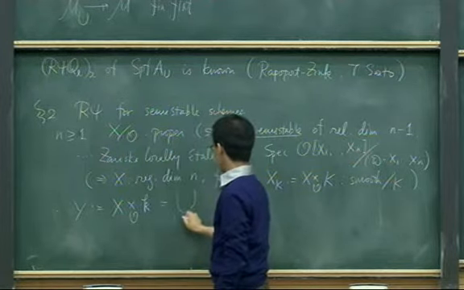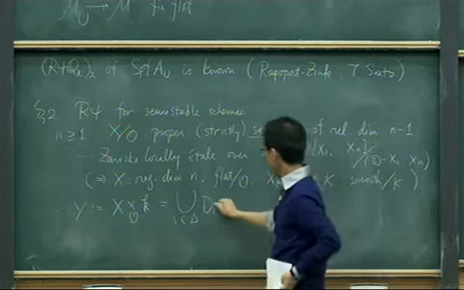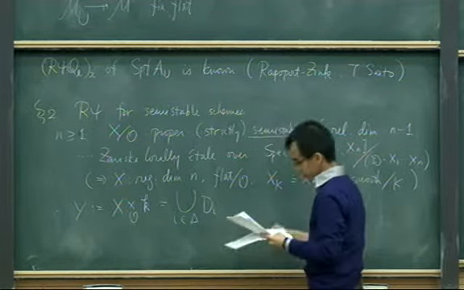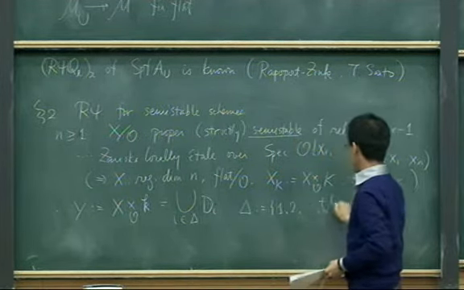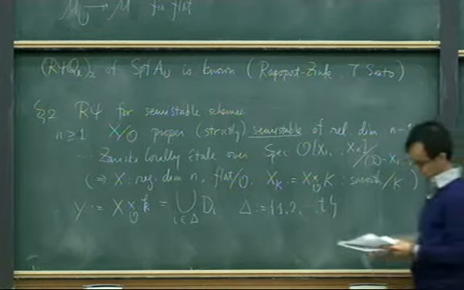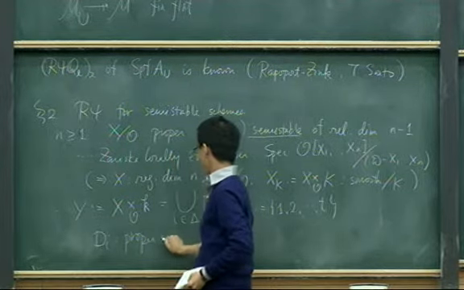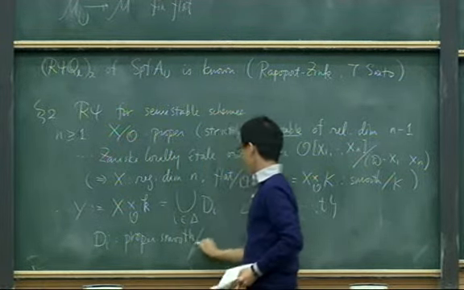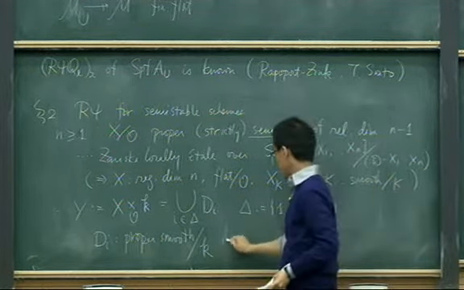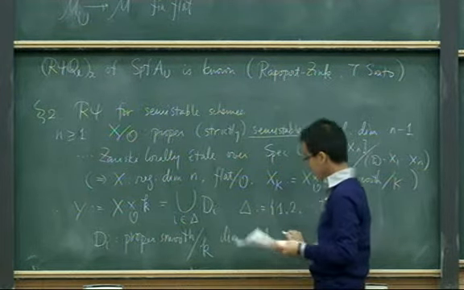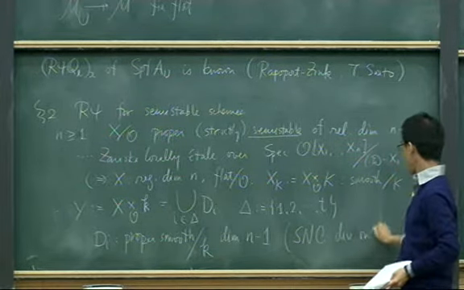This is going to be a union of finitely many irreducible, I mean, it doesn't have to be irreducible, but a union of proper smooth components. I index them by 1, 2, ..., t. So my special fiber is the union of these proper smooth varieties of dimension n minus 1, and this gives a strict normal crossing divisor on X.